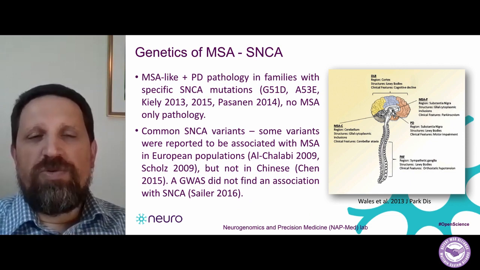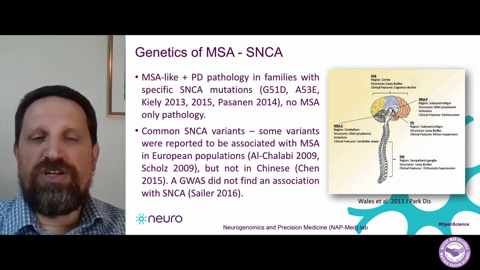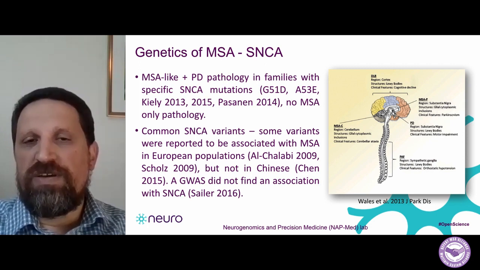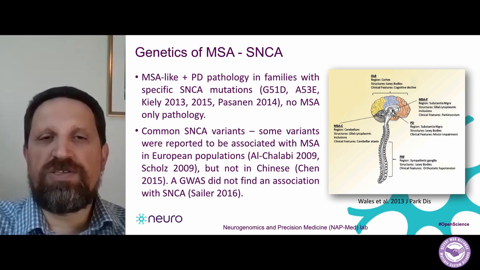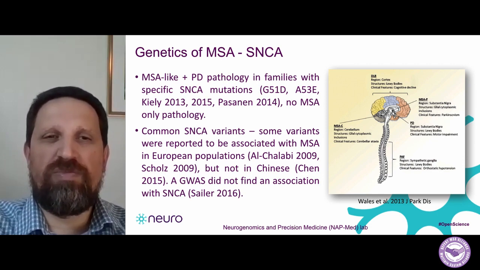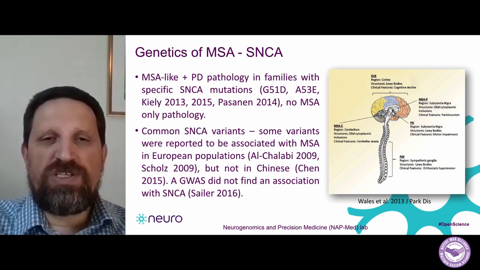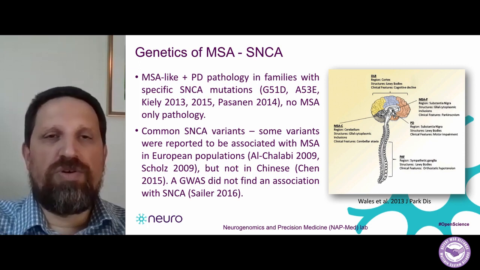There were also studies that showed that common variants in the synuclein gene or around it are associated with risk in MSA in a European population, but studies in other populations failed to show it. And the more recent Genome-Wide Association Study, which I will talk about a little bit in one of the next few slides, also did not identify an association of synuclein variants with MSA.